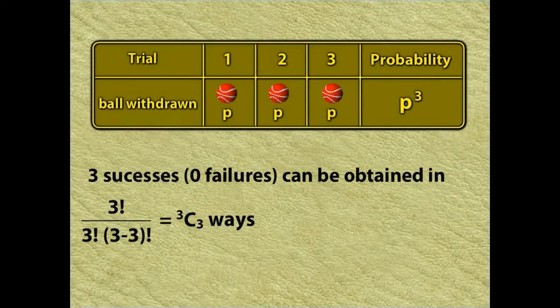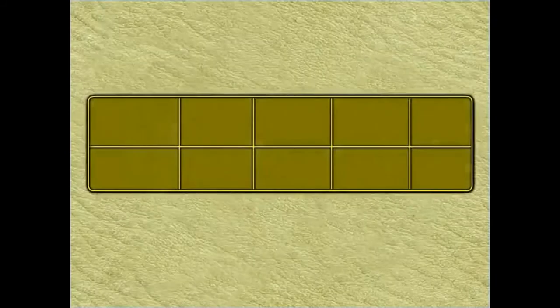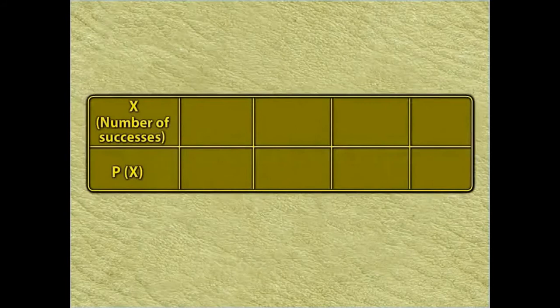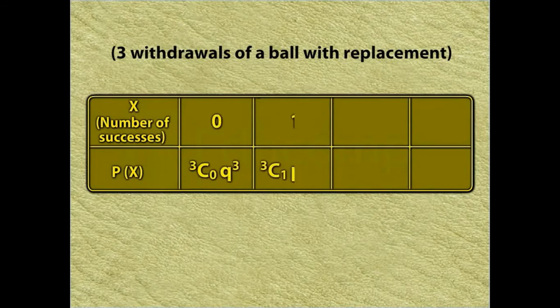Finally, the probability of getting 3 successes is 3C3 into p cube. Now, if a random variable x represents the number of successes, then probability distribution for x is as shown here.